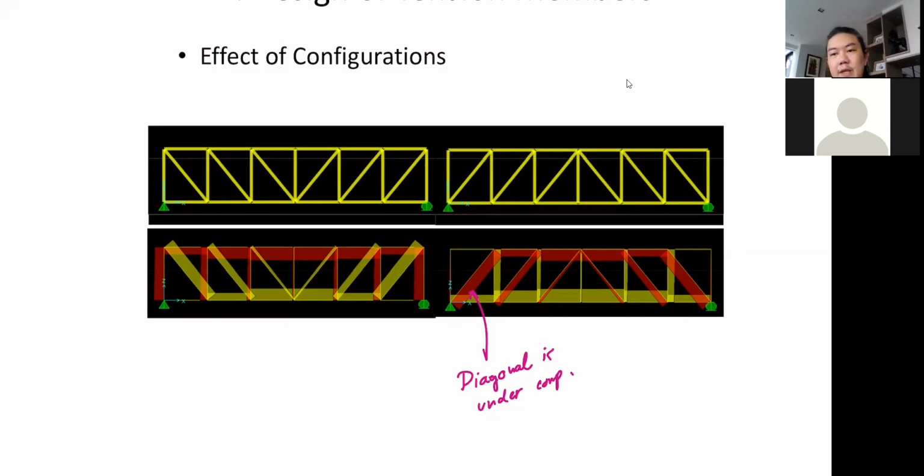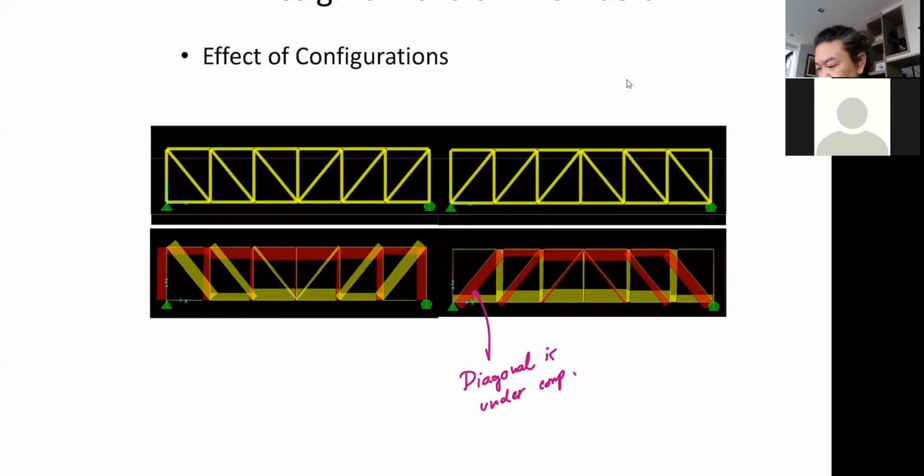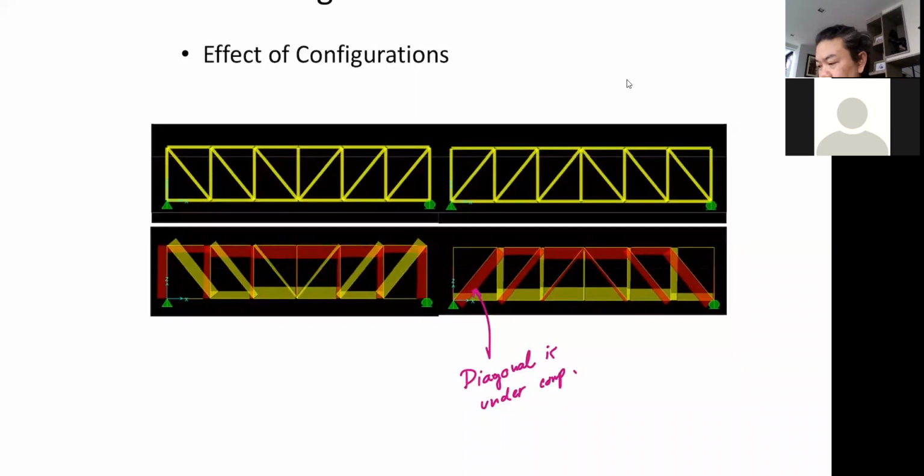So you see, the selection of your truss configuration will dictate how the structure is going to come about as well, because instead of designing this diagonal member, and you see the diagonal member is always longer than the vertical one, right? So instead of designing the long member to undertake compression, you want to design the longer member to undertake tension instead.